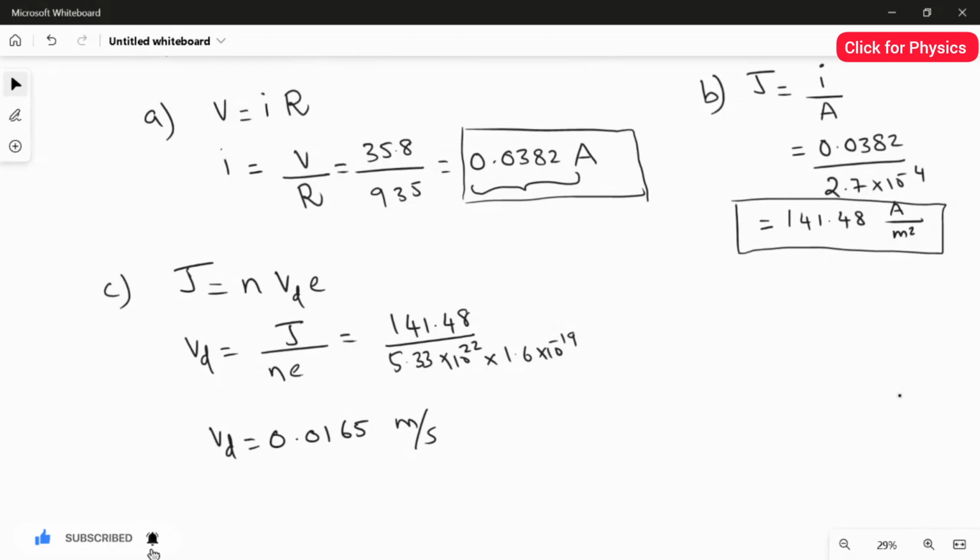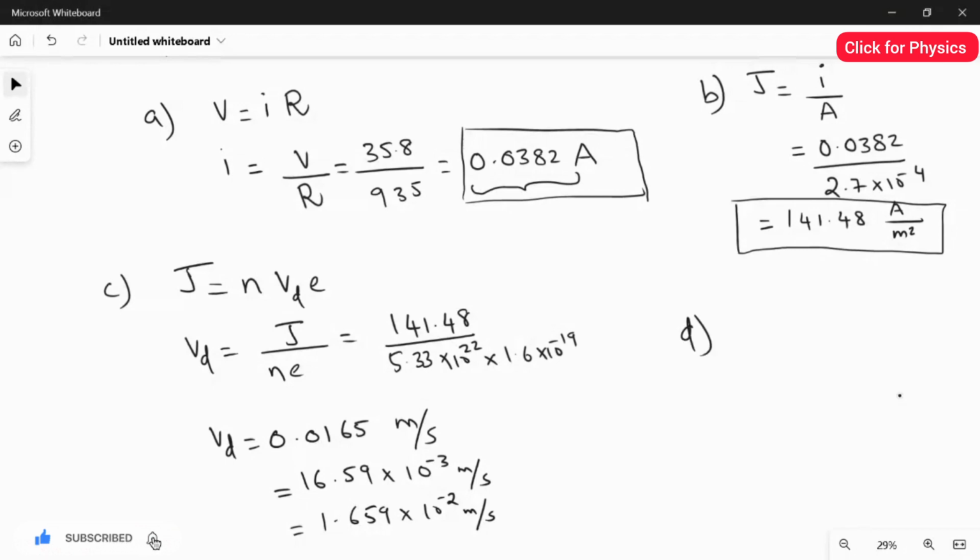If you want to write the answer in terms of power, we can just write this value as 16.59 multiplied by 10 power minus 3 meter per second. Or you can write 1.659 multiplied by 10 power minus 2 meter per second. You can write any one of the answers. All these three answers are right. Clear?